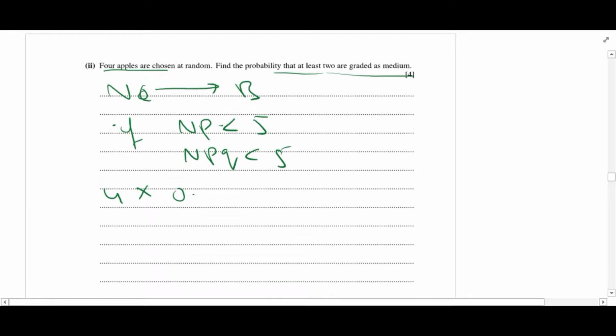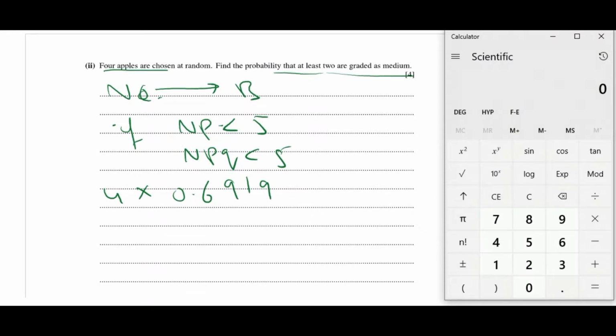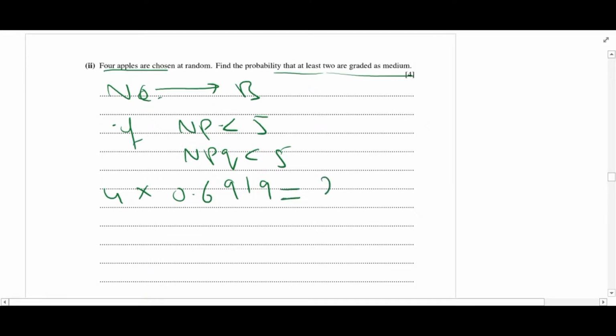Let us check it first: 4 into 0.6919 is 2.76, which is lesser than 5. So we can assume a binomial distribution.